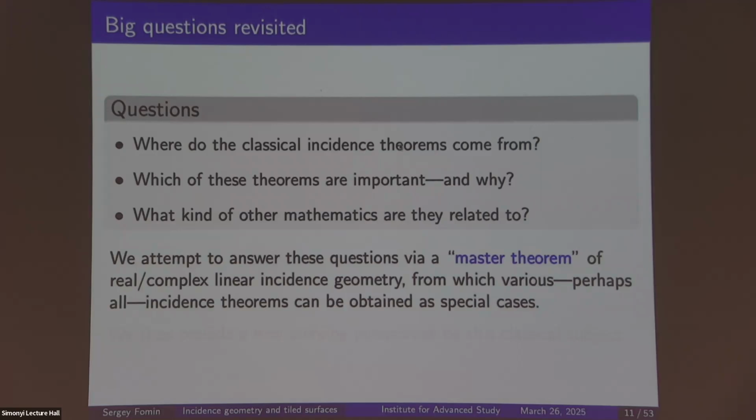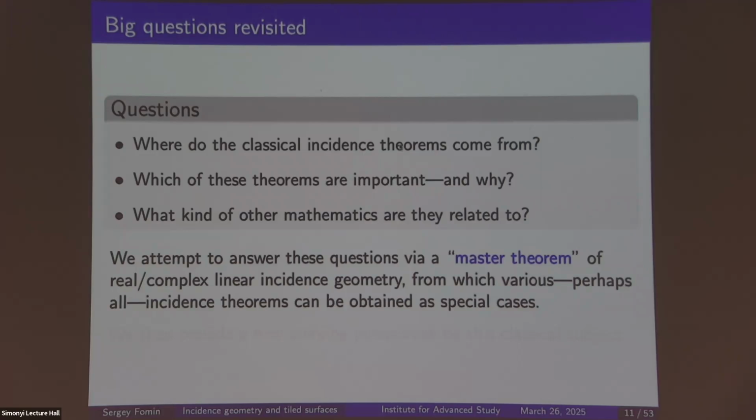So the way I'm going to answer these questions is by establishing what we call a master theorem of linear incidence geometry, from which various, perhaps all, incidence theorems can be obtained in special cases.